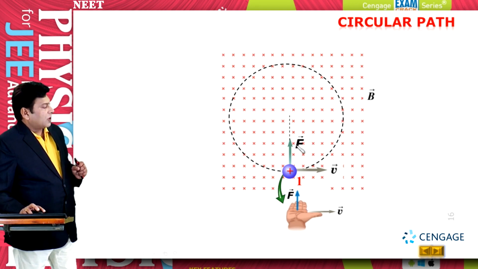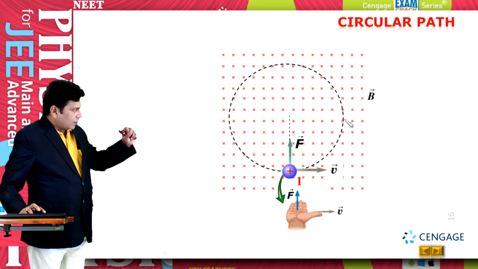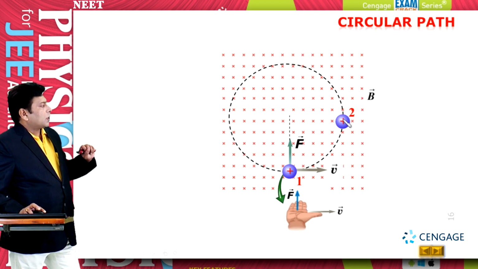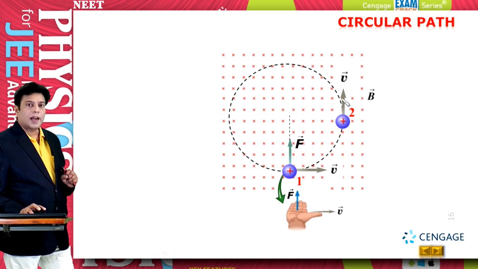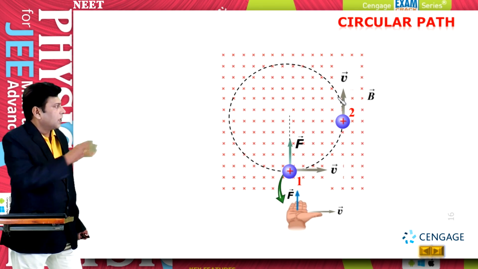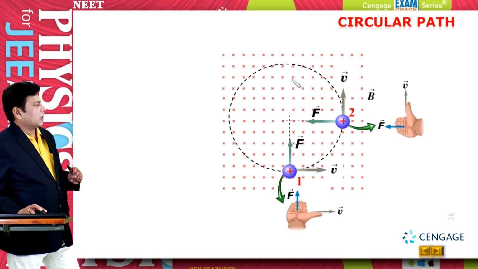Now let us observe one more situation. Suppose the charged particle reaches position number 2. If we draw the velocity vector, it will always be along the tangential direction. And if we apply the right hand rule again, we can observe the force on the charged particle is again toward the center.